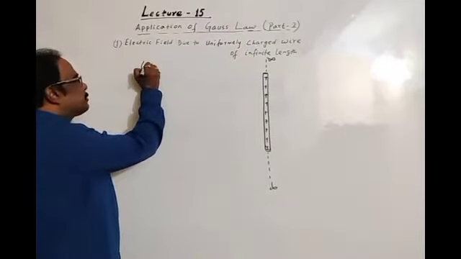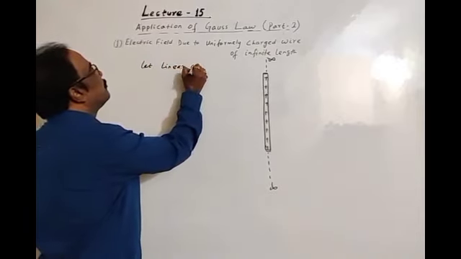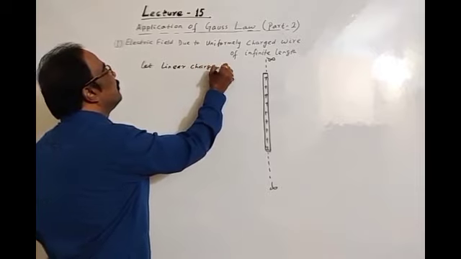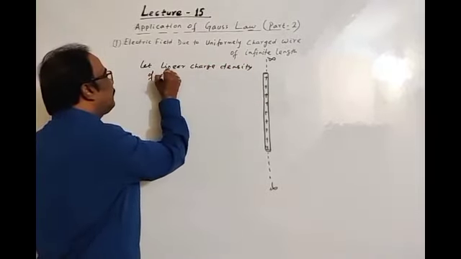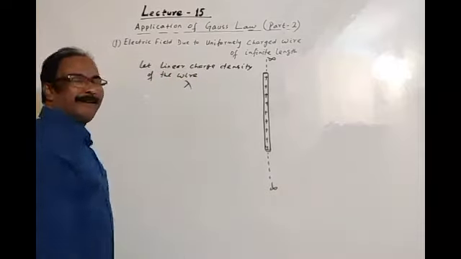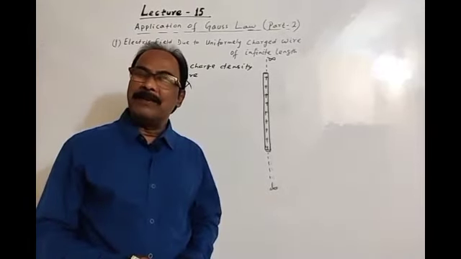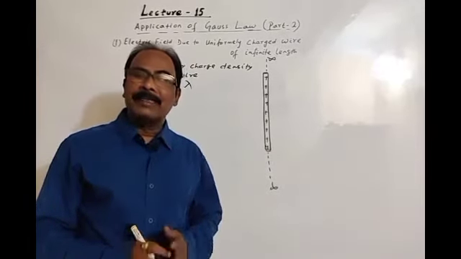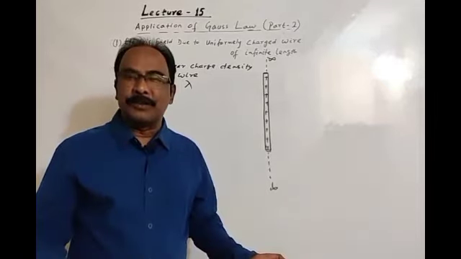In this case, let the linear charge density of the wire be lambda. Lambda is linear charge density. In the previous lecture, we have taken surface charge density and volume charge density.